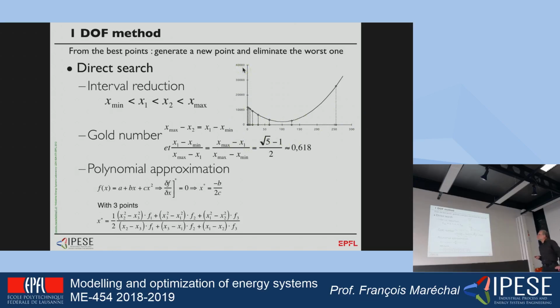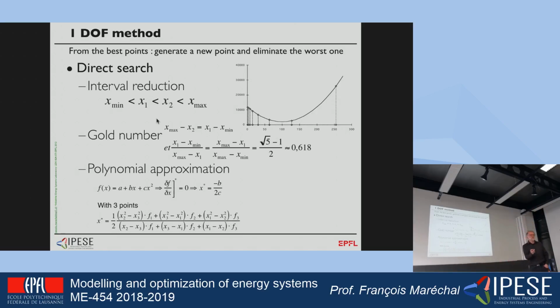So what I'm going to do is that I'm going to try to identify where this point here is by constraining my search. So I'm going to make steps, and as soon as I see that I'm decreasing the objective function, then I'm going to continue to progress.